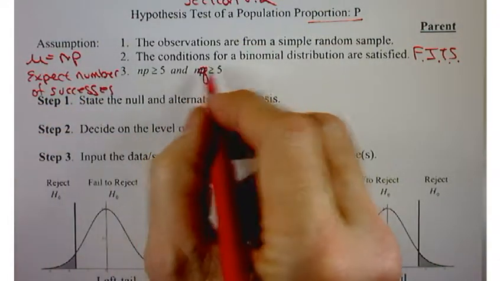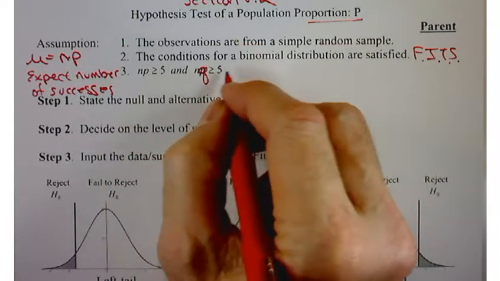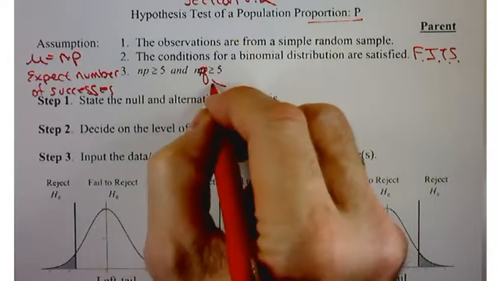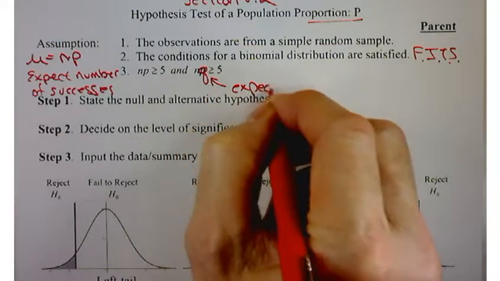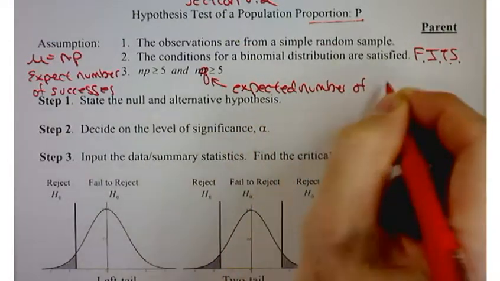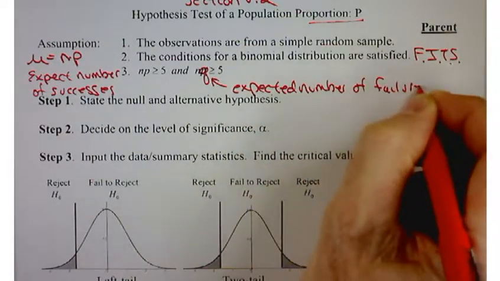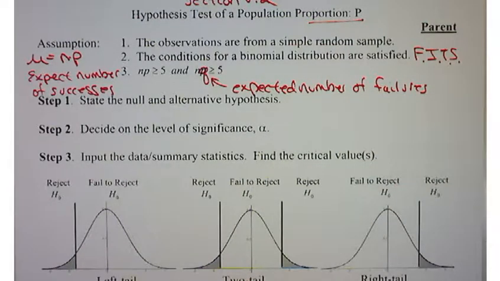And then n times q. Where does q come from? Does anyone remember? 1 minus p. So this is your expected number of failures. So that both of those expected values are greater than or equal to 5.